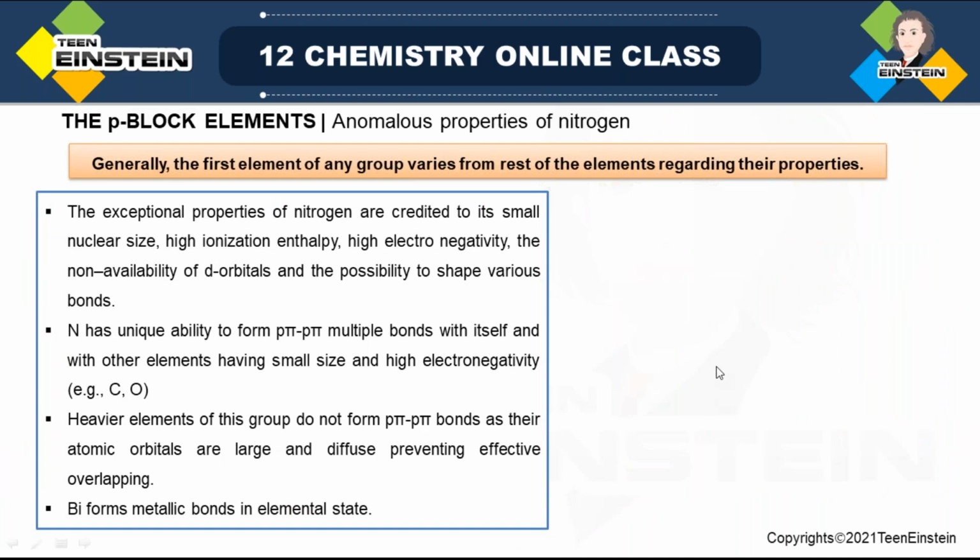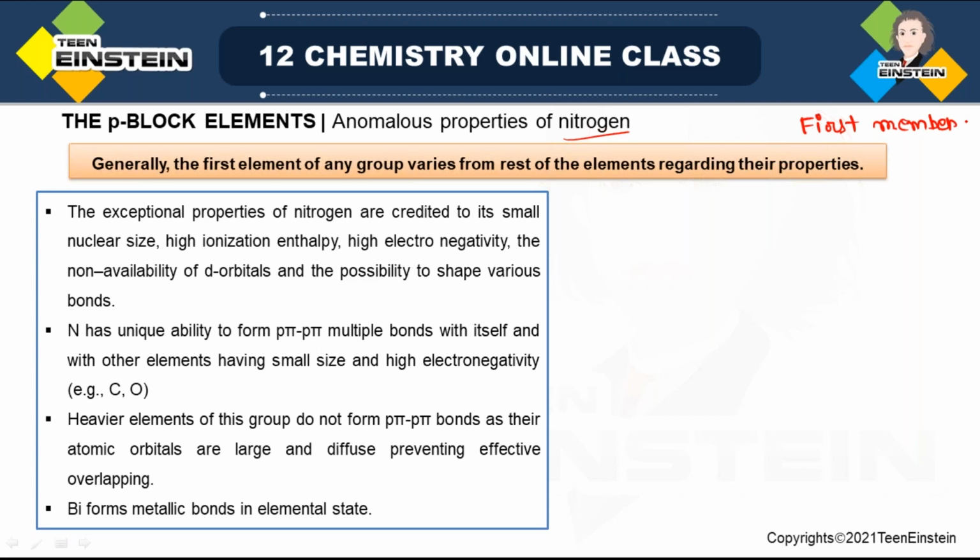Anomalous properties of nitrogen. Now, this is not just for nitrogen. You will see that for any group, the first member, meaning the member which is from the second period. For group 15 it is nitrogen. If you consider group 16, it will be oxygen.